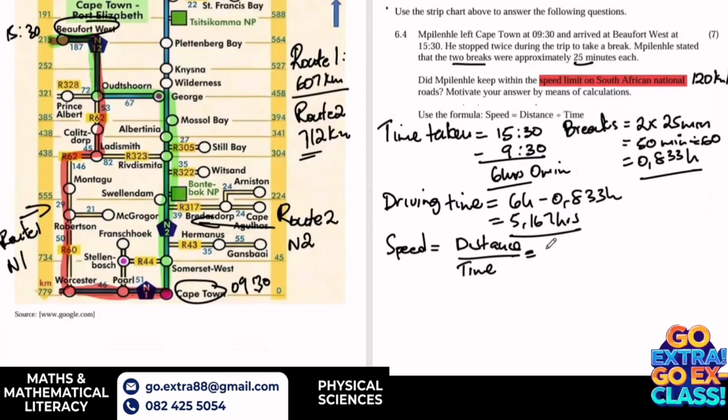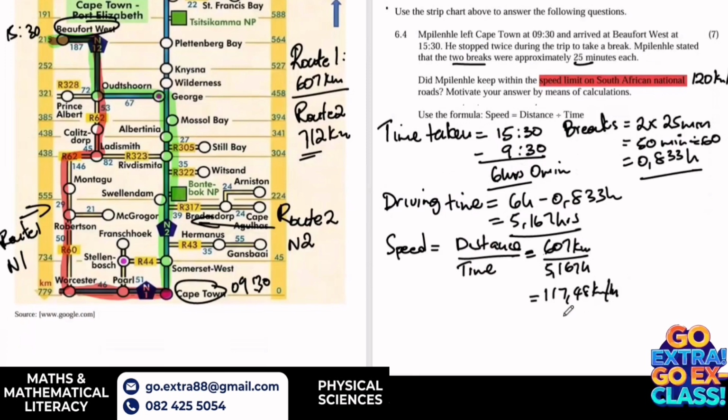The distance is 607 kilometers divided by the driving time, which is 5.167 hours. If we calculate this, it gives us a speed of 117.48 kilometers per hour.